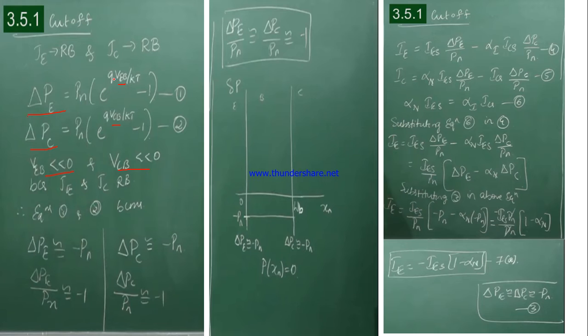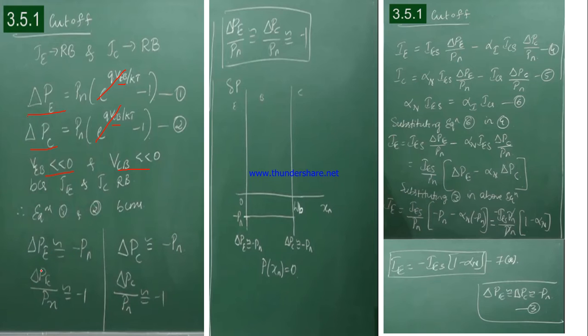So the exponential power is negative, that is less than 0, so we can neglect it, because both the emitter junction as well as the collector junction are reverse bias. So now what we can write, if we neglect this, the left out part in the equation is delta PE is almost equal to Pn into minus 1, that is minus Pn. So delta PC equals Pn into minus 1, that is minus Pn.